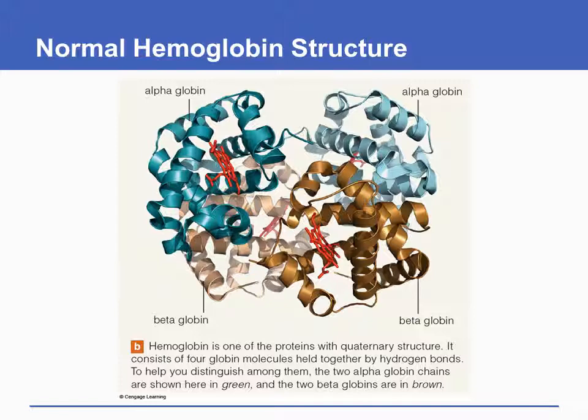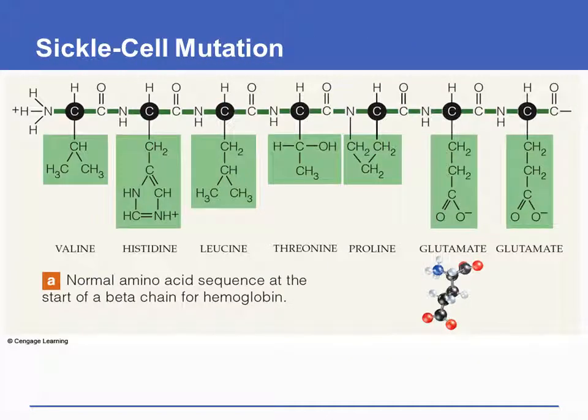In the case of sickle cell mutation, here we can see there's a bunch of amino acids that are connected together into a polypeptide chain. So these amino acids will combine together to form the polypeptide that gives hemoglobin its shape.